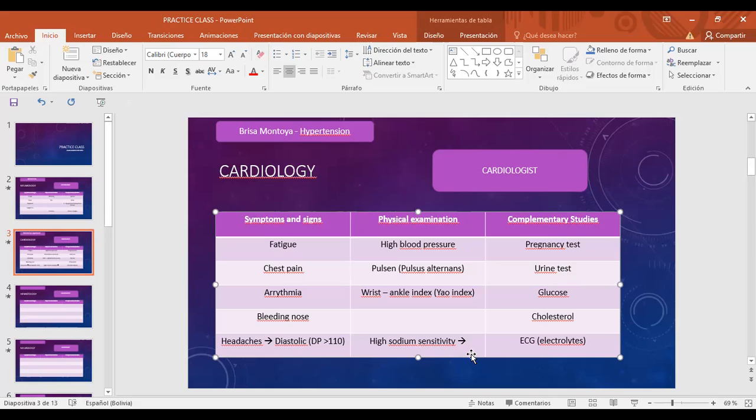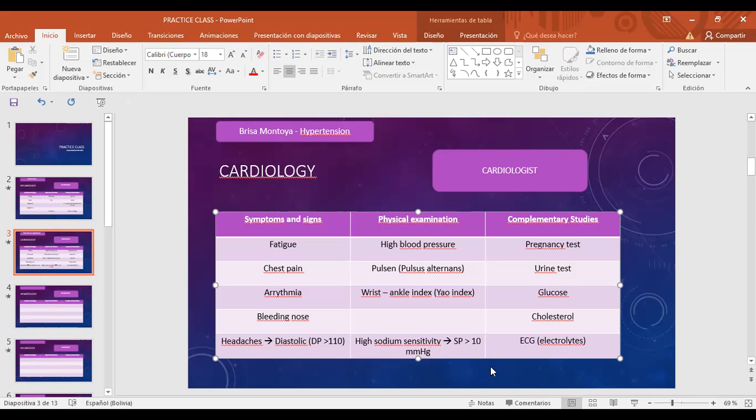A person is considered sensitive to sodium when the systolic pressure increases 10 millimeters.